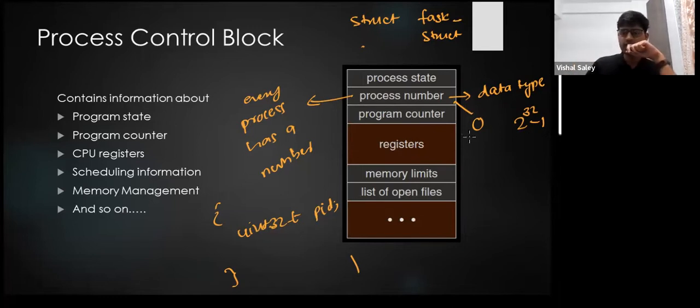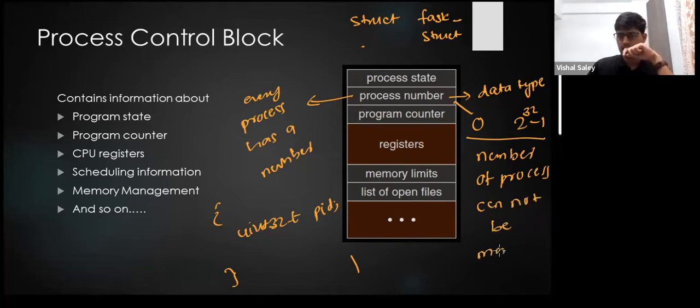And basically this means your number of processes cannot be more than 2 raised to 32 if it's a 32 bit integer, because you can assign numbers to only 2 raised to 32 processes. If you want more processes, you have to kill some processes and reuse their PIDs for the new processes, right?